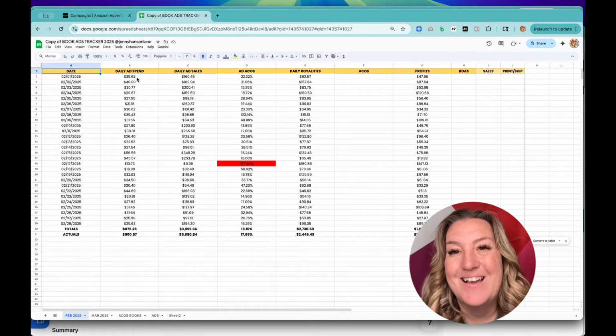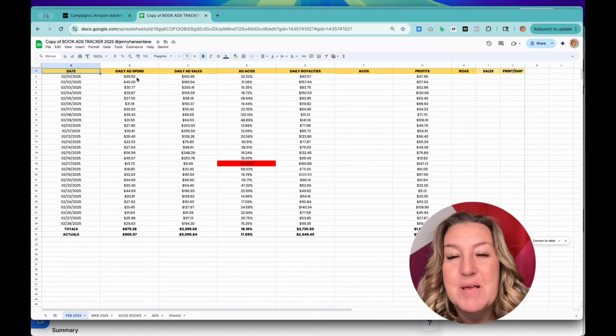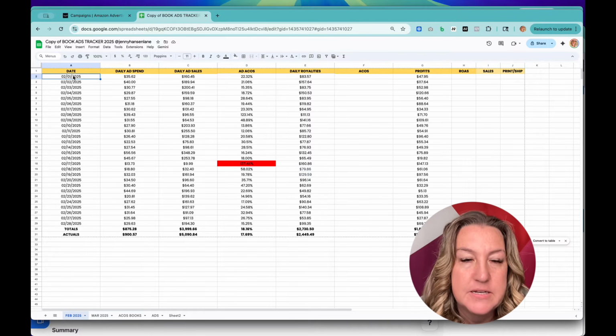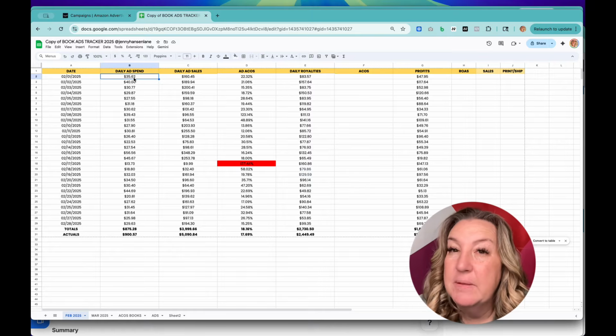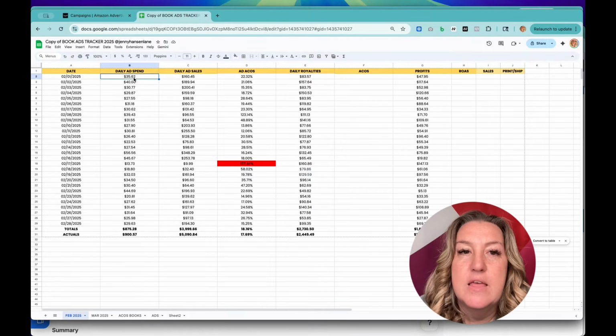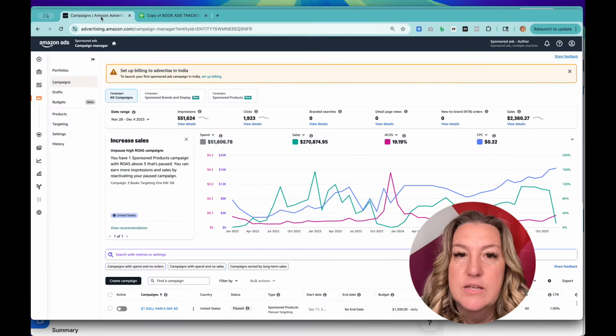I'd come in the morning; I'm coming in on February 2nd to put in February 1st data. I'm putting in the ad spend, which typically doesn't change when you look at the night before. And then I'm looking at my ad sales. This is the data that I'm literally looking at each day.